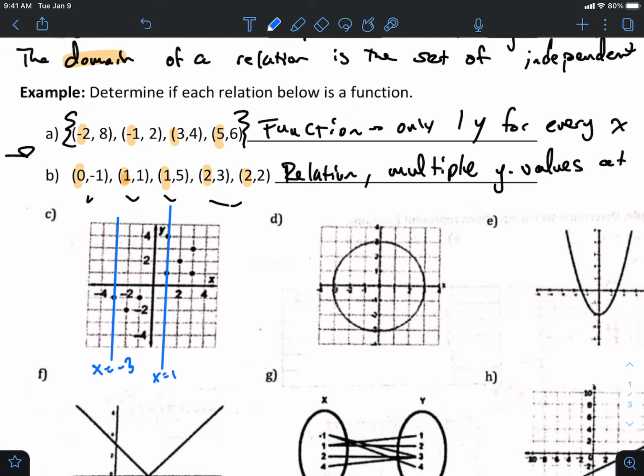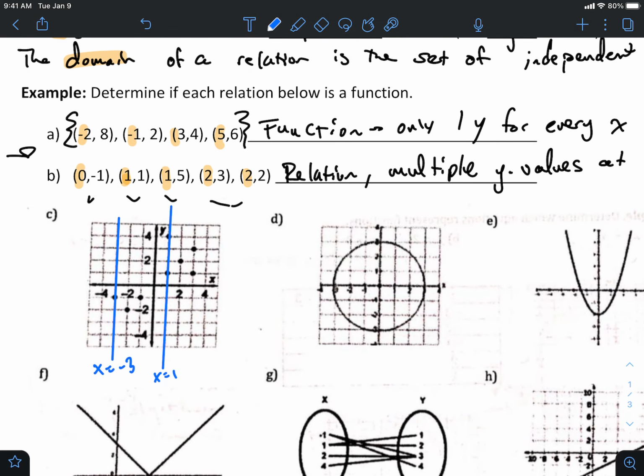There's a point at 1, 1, and another one at 1, 4. If you had this in a list, you would see those 2 points beside each other. We know that that's not a function. Does that make sense so far? So this one would be a relation for C.